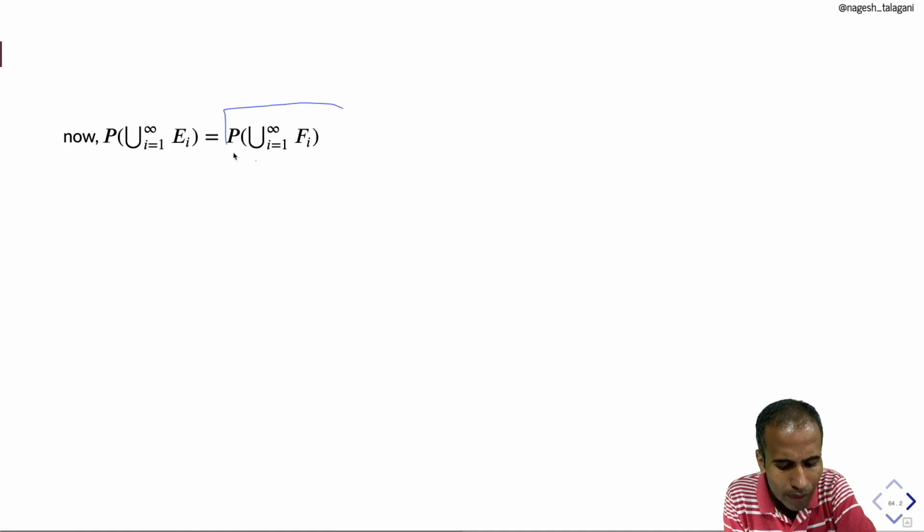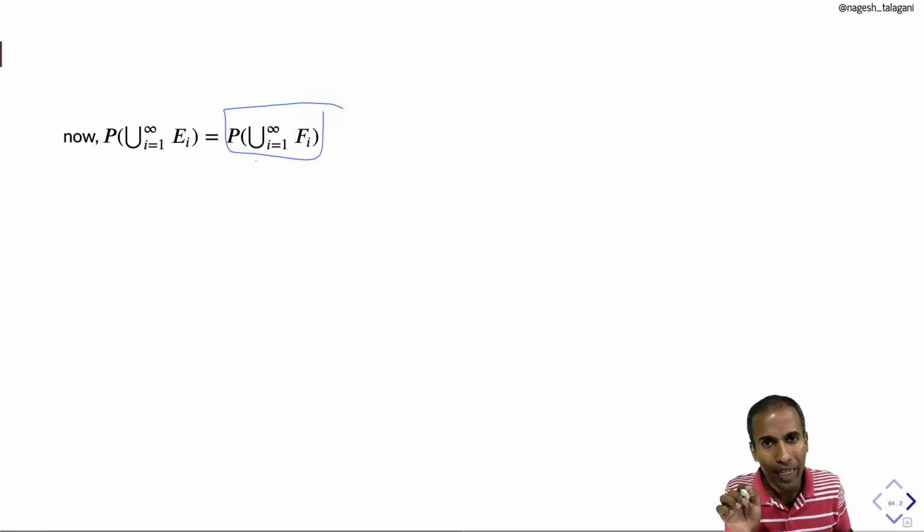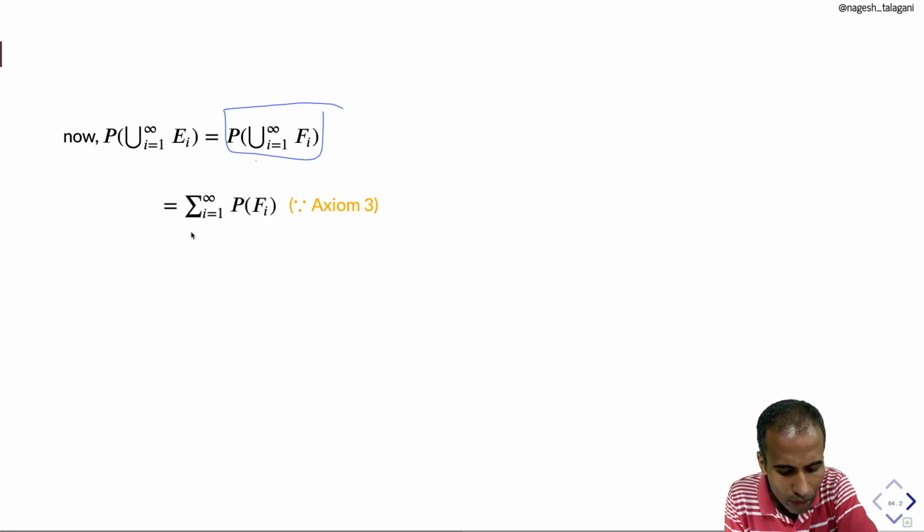The good thing about the right hand side is you can apply axiom 3 because you know F1, F2, and so on, Fn, this countable collection, are mutually exclusive. Okay, so you can apply axiom 3. So the right hand side equals summation i equal to 1 to infinity probability of Fi because of axiom 3.